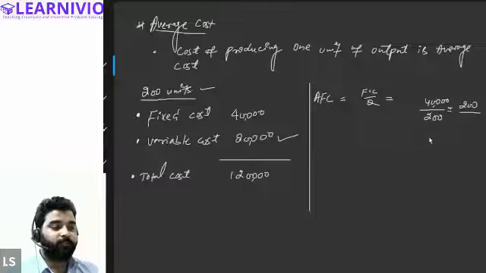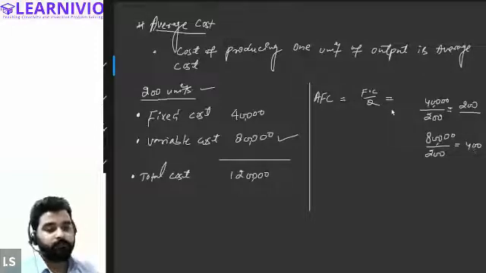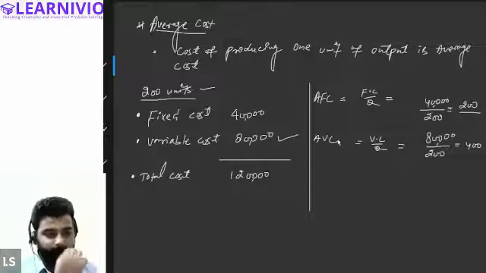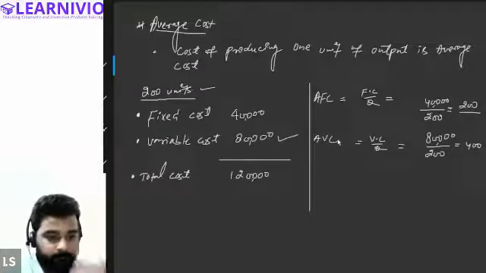That is very simple, no? 80,000 is for producing 200 units, right? So for every unit, 400 rupees will be spent as the variable cost. So we have divided the variable cost by the quantity, and by doing that we can find out the average variable cost.